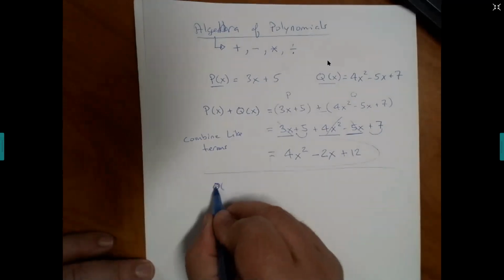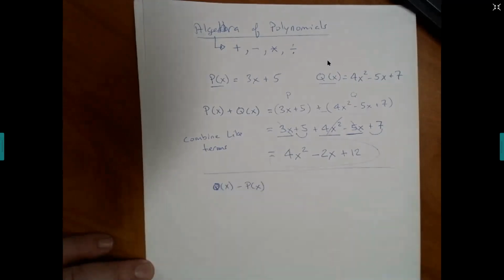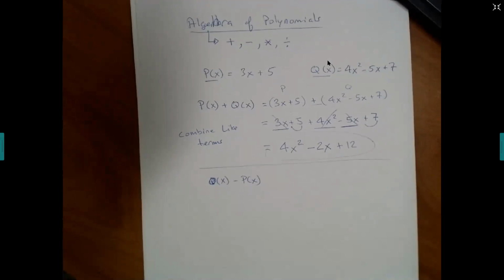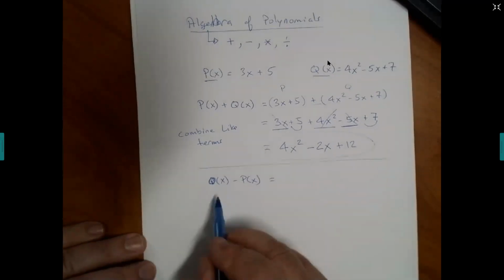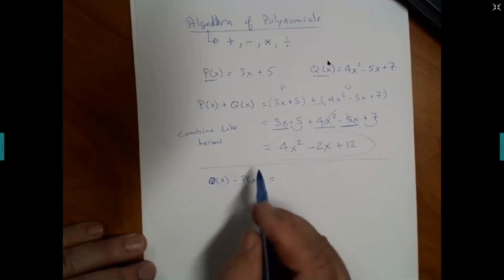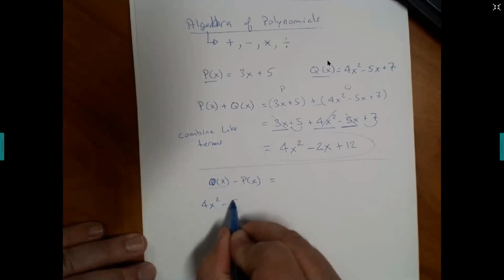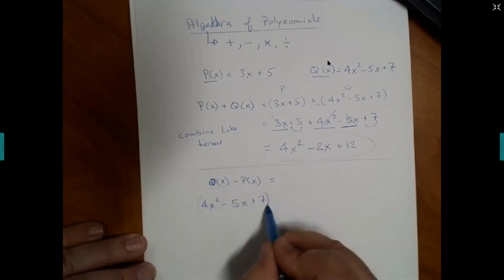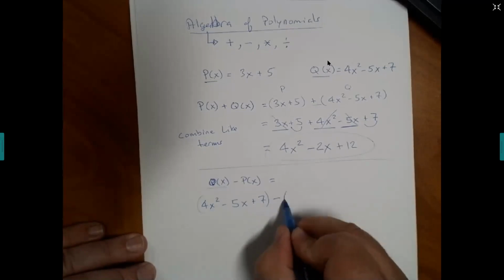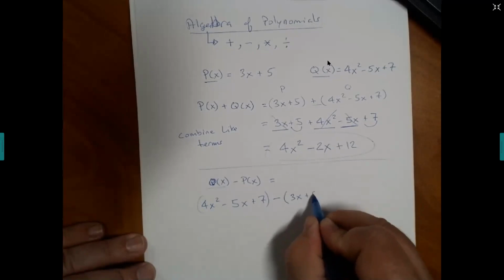But let's do q of x minus p of x. So what goes first is our q of x, which is 4x squared minus 5x plus 7, minus the p of x, 3x plus 5.